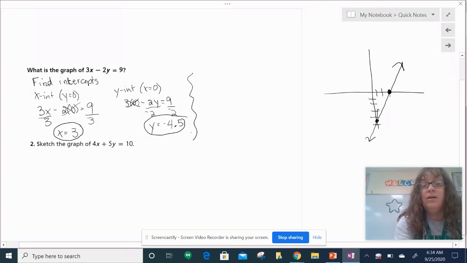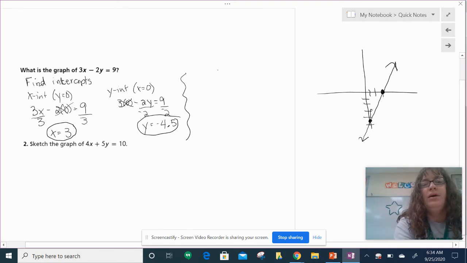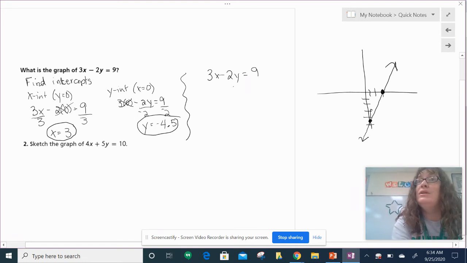If you prefer, you can manipulate the equation to get it into slope-intercept form. So to do that, I would have 3x minus 2y is equal to 9. Goal is to get y by itself, so I'm going to move the x term to the other side of the equation and be left with negative 2y is equal to negative 3x plus 9.